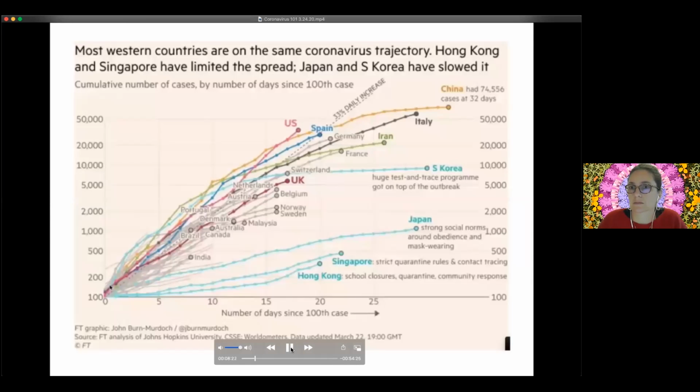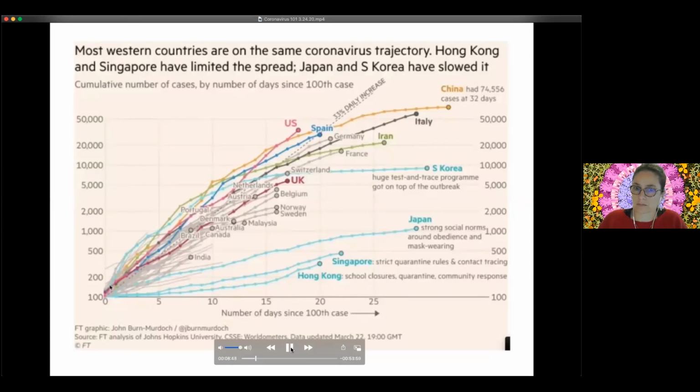So as you can see from this graph, unfortunately, most Western countries are on a very significant coronavirus trajectory, which is basically one of exponential growth. While some countries have been able to slow down growth and limit spread, this is largely not the case for the UK, Europe, and the United States in particular, which shows a graph that is displaying clear exponential spread.